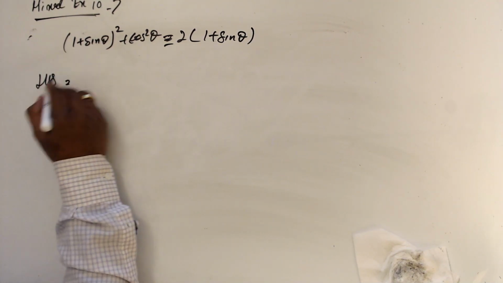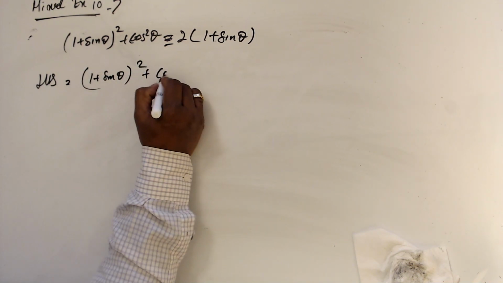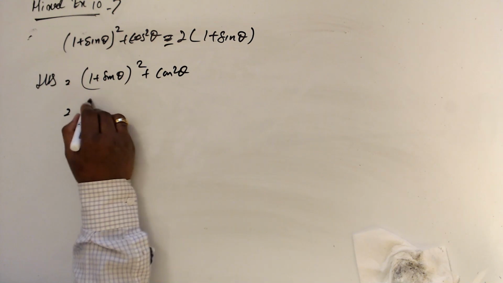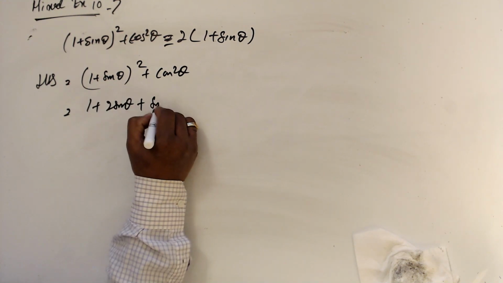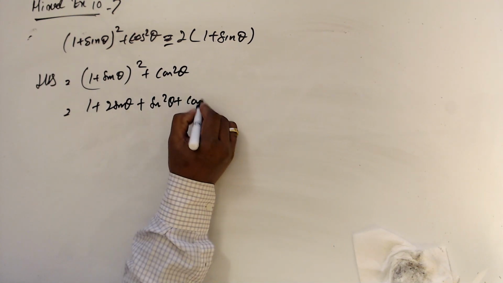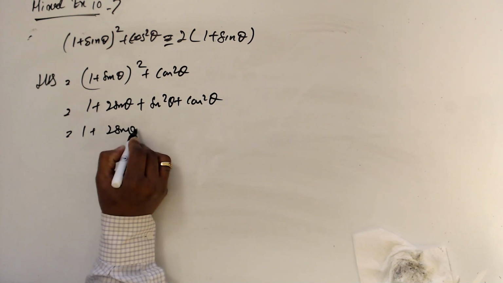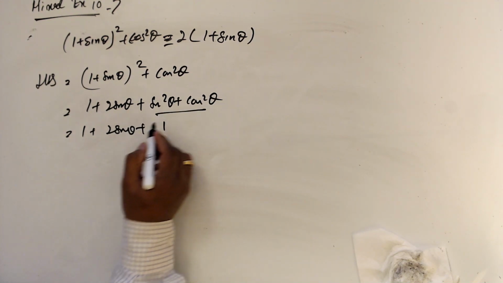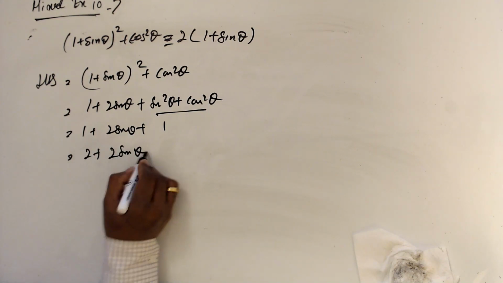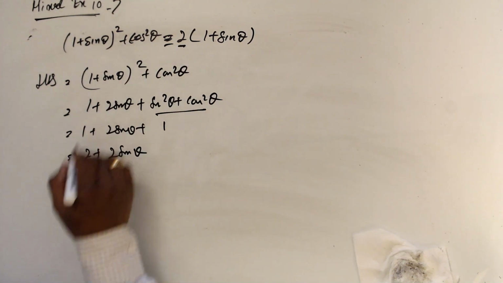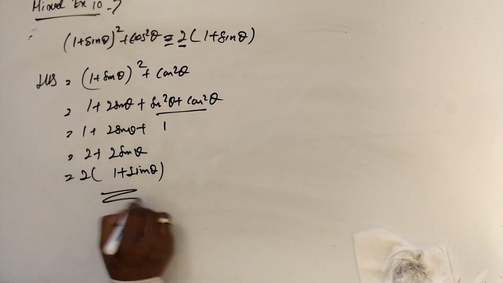So left hand side is 1 plus sine theta, squared plus cos square theta. So we'll expand 1 plus 2 sine theta plus sine square theta plus cos square theta. So 1 plus 2 sine theta, this is going to be 1. And then 2 plus 2 sine theta, I can see this 2 out, so I'll factorize 2 times 1 plus sine theta.